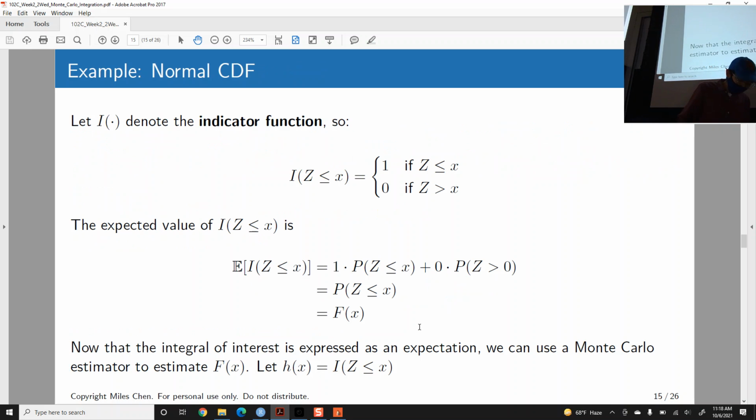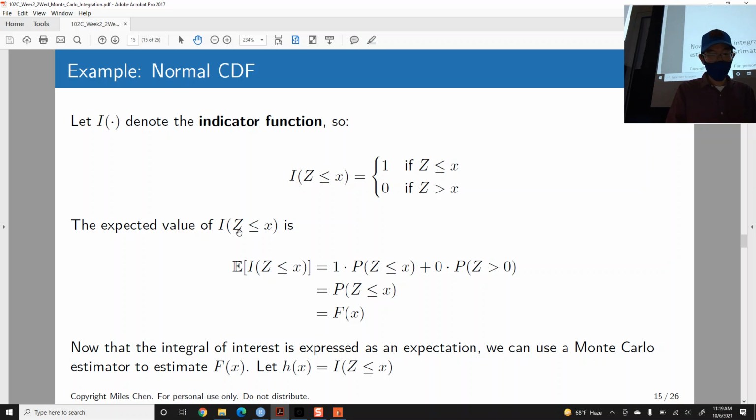So with a little bit of creative thinking, we're going to use this indicator function, okay? We're going to say, let's say if some random value z is less than x, we give it a 1, and if it's not, we give it a 0, okay?